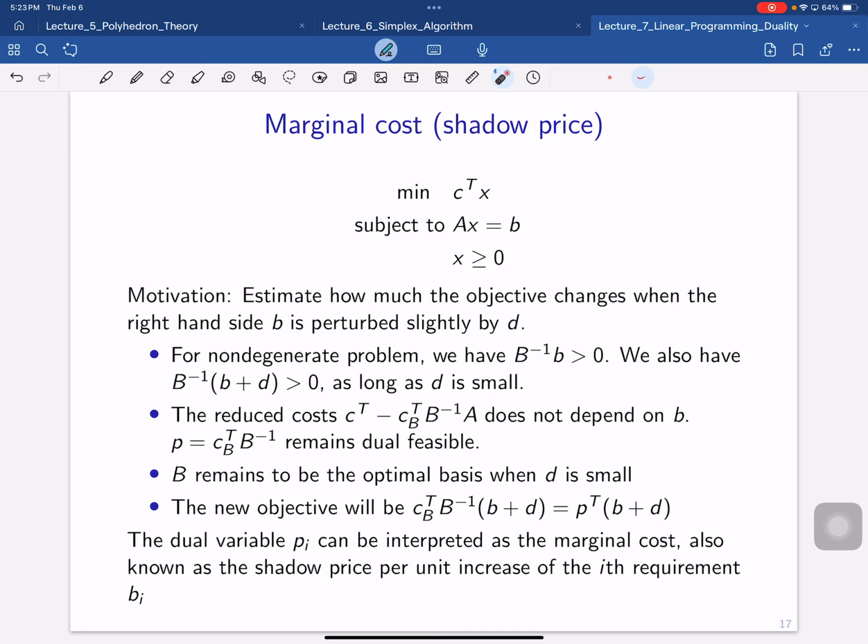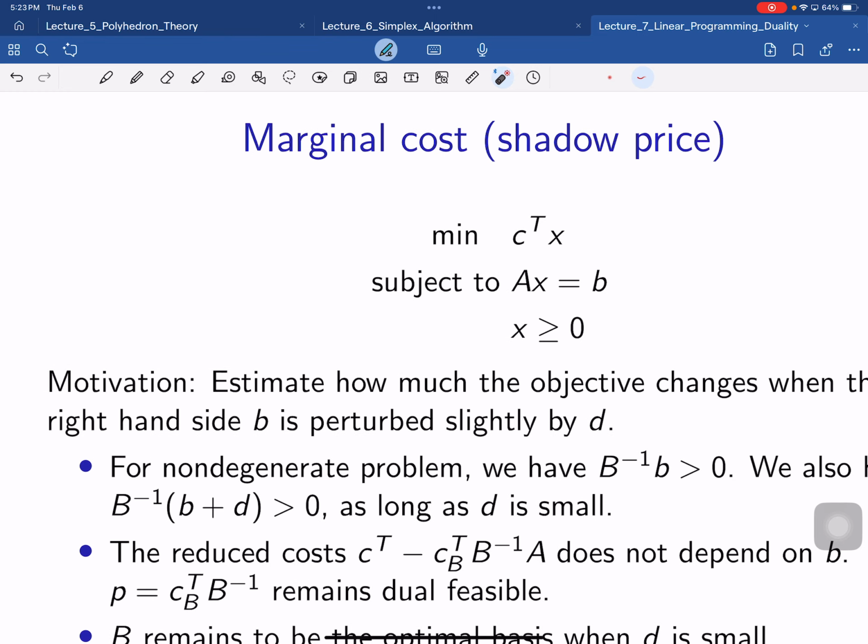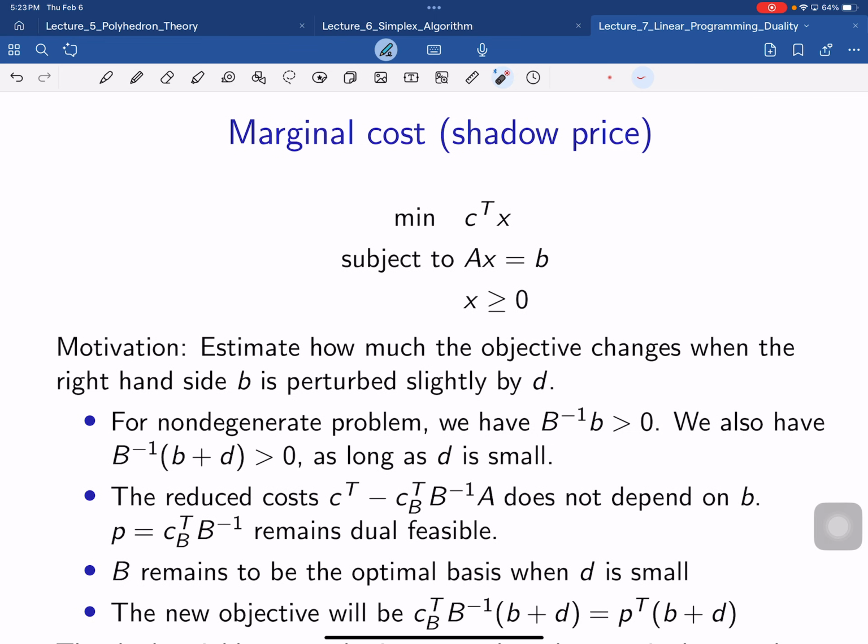There is another way of using the dual variable, which can have a very nice physical interpretation. The motivation here is, I want to know how much the objective changes when the right-hand side b is perturbed slightly. Think about b as some resource constraint.